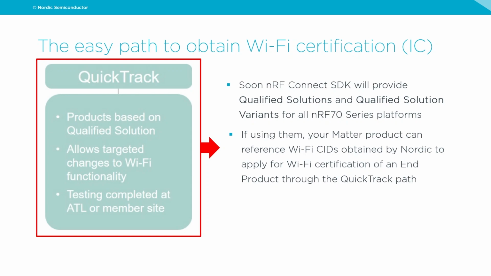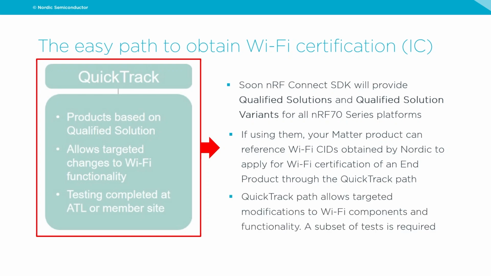If your Matter product uses them, you can reference Wi-Fi CIDs obtained by Nordic to apply for Wi-Fi certification of an end product through the Quick Track path. Quick Track path allows targeted modifications to Wi-Fi components and functionality, but always a subset of tests is required.